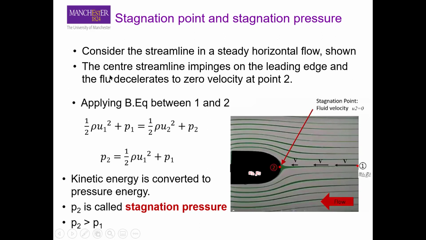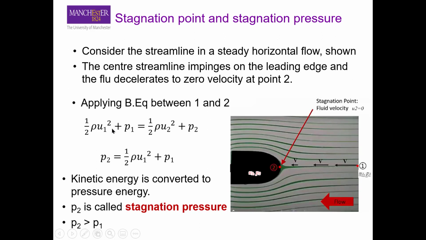As it says here in this sentence, the center of the streamline impinges on the leading edge, and the flow decelerates to 0 velocity at point 2. Okay. If you now apply Bernoulli's equation between point 1 and point 2, and you assume that there is no loss term and that both points have the same elevation, you can simplify Bernoulli's equation in this form.